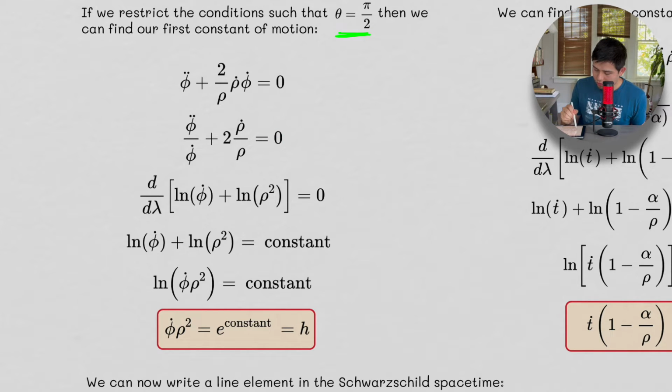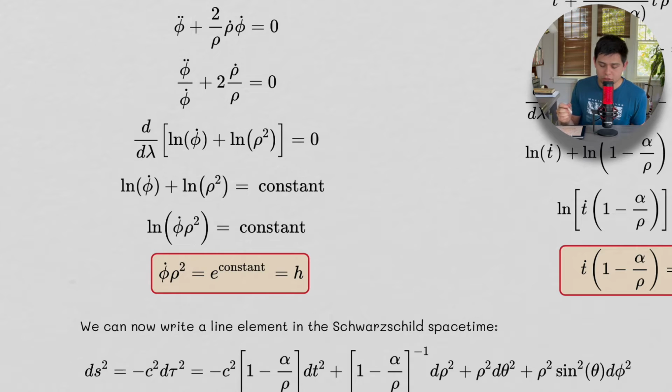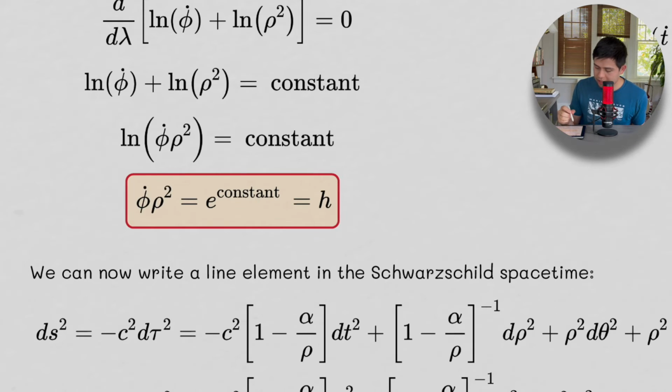And so, okay, we could split this up now, right? We can split this up and we can realize, well, the derivative of this is 0. That means this has to be a constant. So here's a constant. And by the rules of the natural logarithms, we get this, which is a constant, right? So nothing changes here. And so what this is saying is that rho squared times azimuthal dot is a constant, okay?